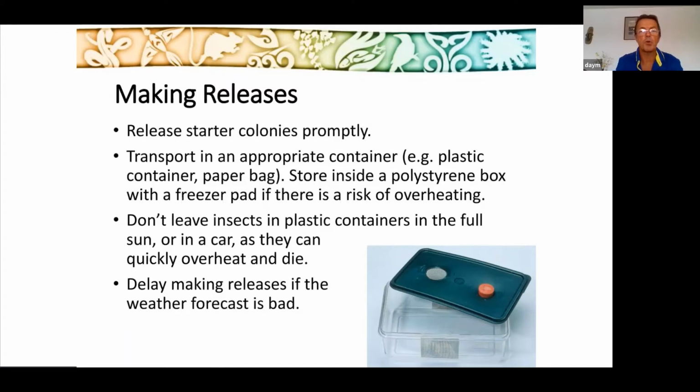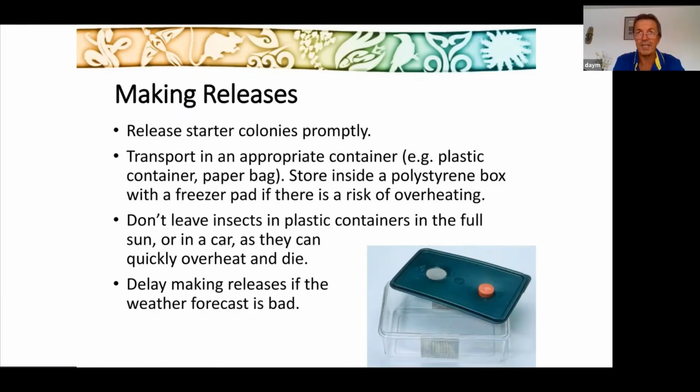So we need to transport them in an appropriate container, like a plastic container. Sometimes if we're only releasing pods, a paper bag will suffice, or polystyrene boxes. And if there's a risk of overheating, we can put a freezer pad or something cool. Often what we see is insects carried in the back of a car and the sun just beats down on it, and that's no good. The insects are going to get cooked that way.